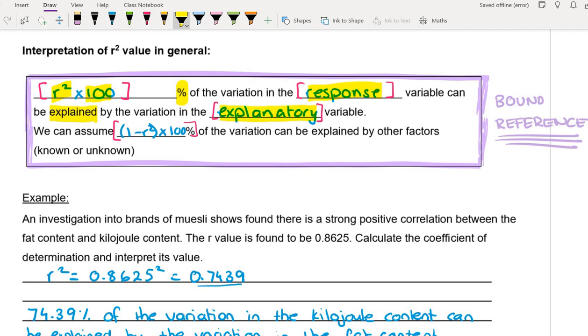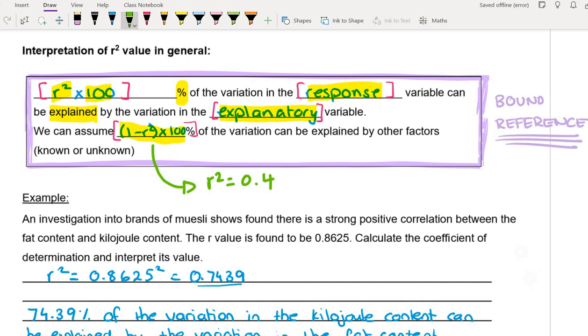We can assume that the rest is given by 1 minus R squared, times 100. Say our R squared value was 0.4.